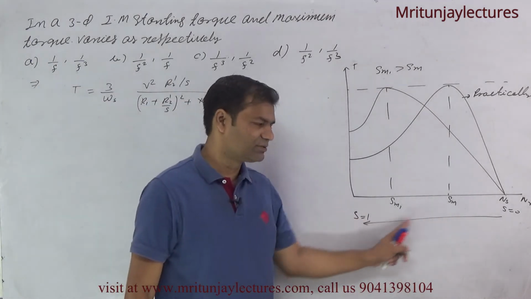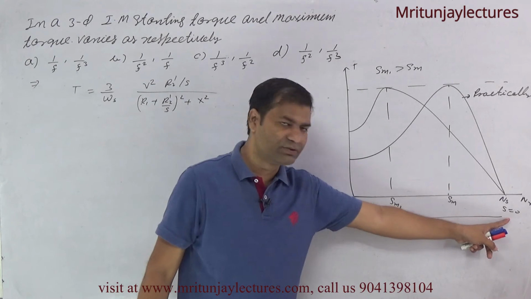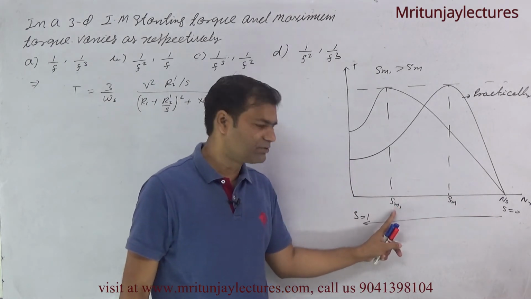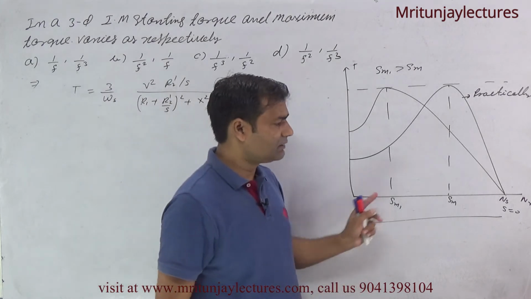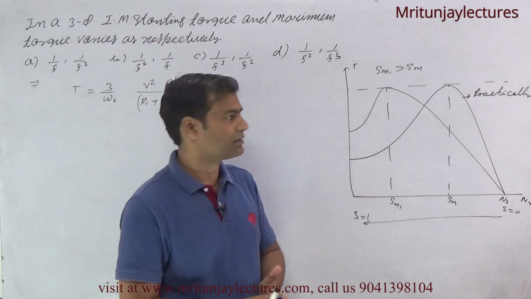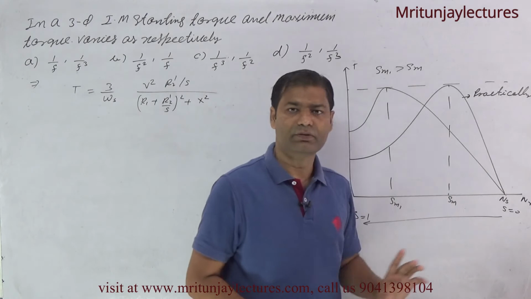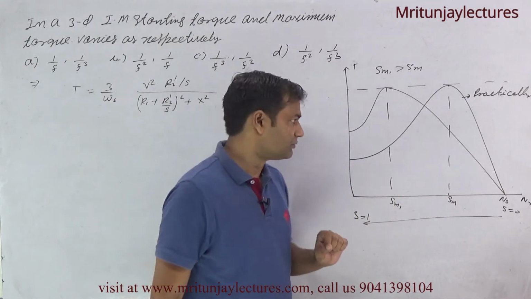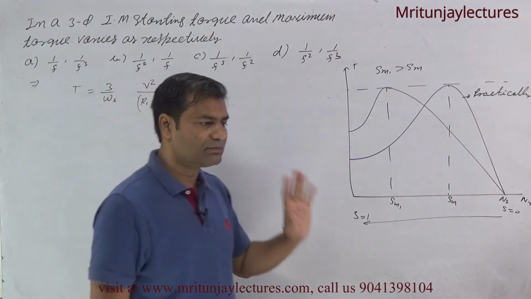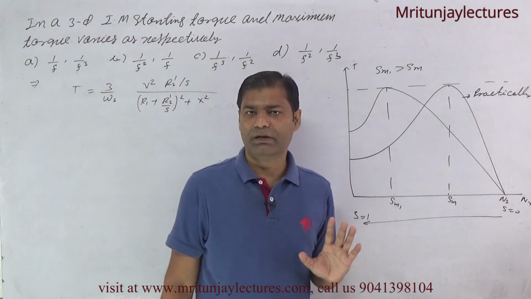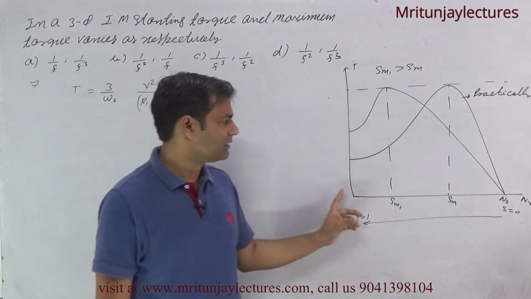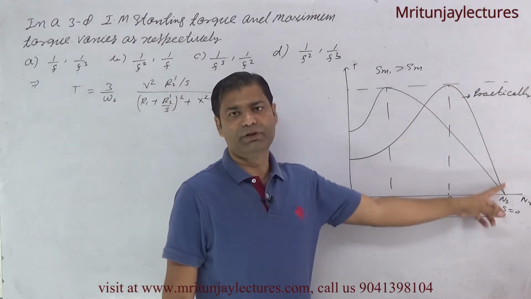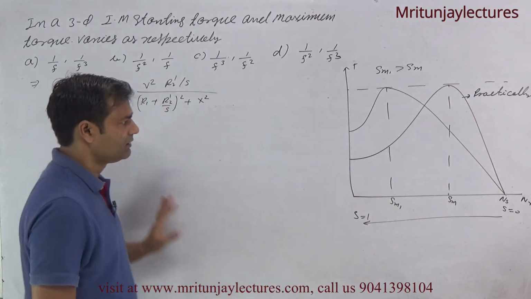Because corresponding to slip here 0, this one as compared to this one is always less. Practically a three-phase induction motor operates corresponding to this one. If any doubt, we have discussed it in types of induction motor.